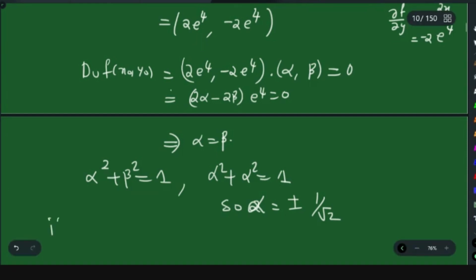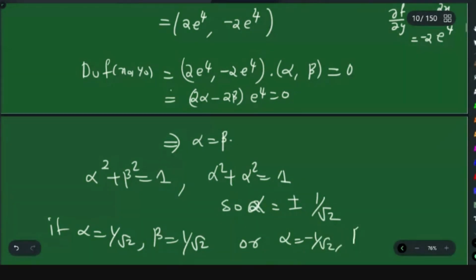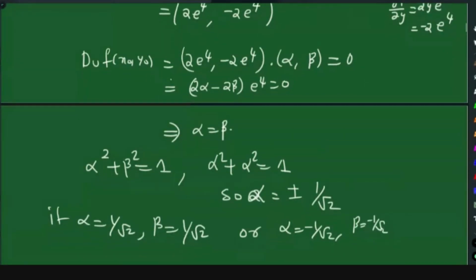If alpha is equal to 1 by root 2, then automatically beta is again 1 by root 2. Or if alpha is equal to minus 1 by root 2, then again beta is also minus 1 by root 2.